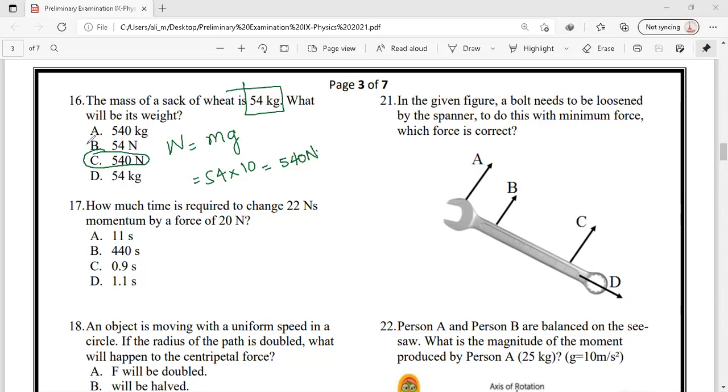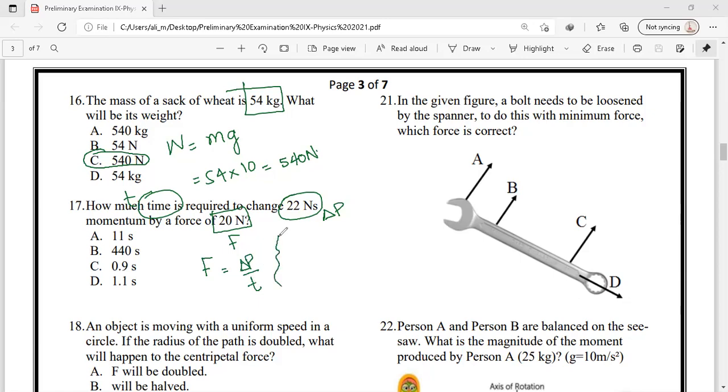In question number 17, how much time is required? We have to find the time to change 22 Newton second momentum. So this is our change in momentum, and we have the applied force for this change in momentum. The relation between force, momentum and time is that force is equal to the rate of change in momentum.